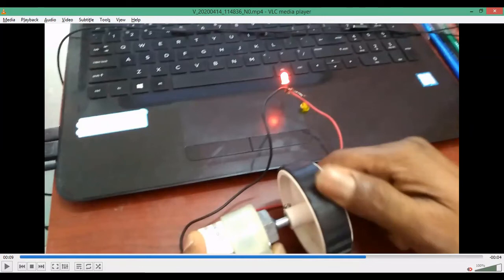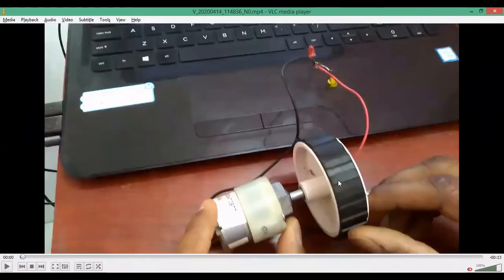Let ES1 minus ES2 be positive, so I connected one LED in that direction. When you rotate in the anti-clockwise direction, ES2 is greater and ES1 is lesser, so I connected another LED in that direction to see very clearly. When you are not rotating, no LED is switched on, because it is the null position, zero.